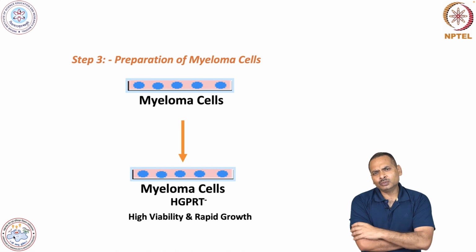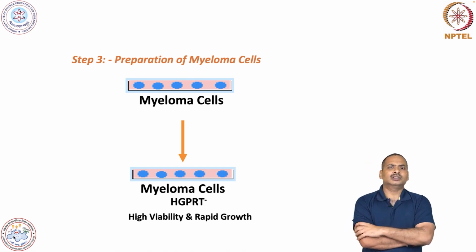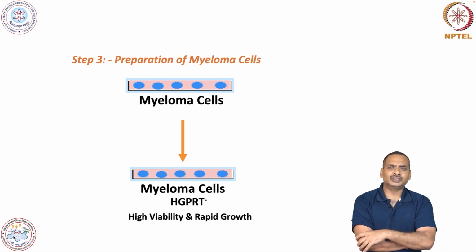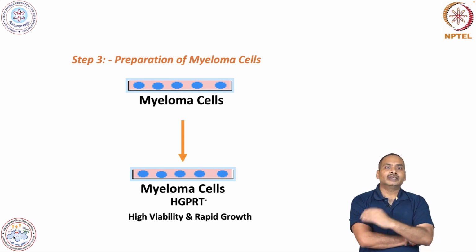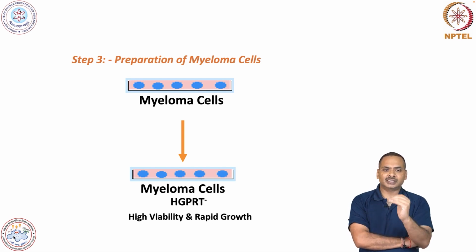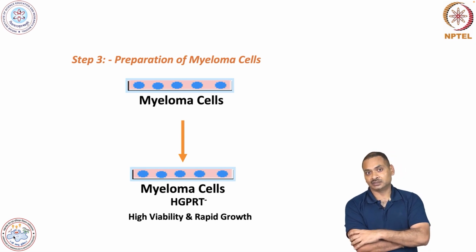So this myeloma cell is basically derived from one knockout mice, which we call HGPRT. HGPRT stands for hypoxanthine guanine phosphoribosyl transferase. Okay.